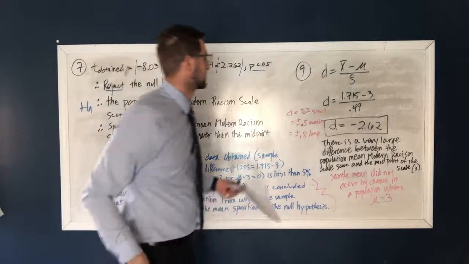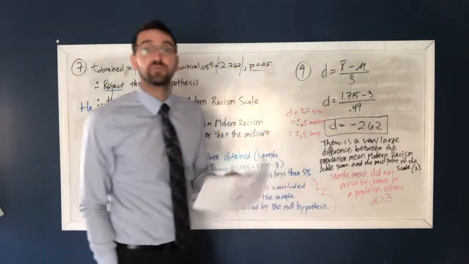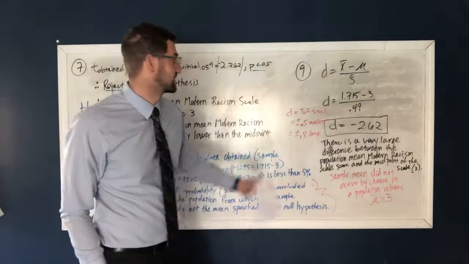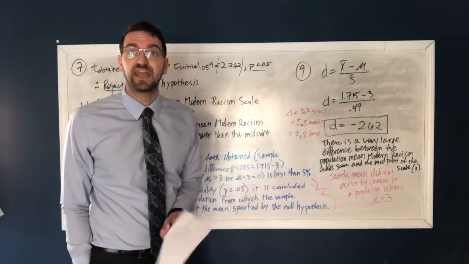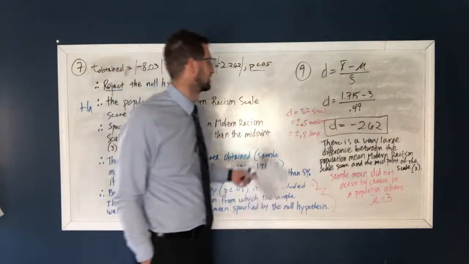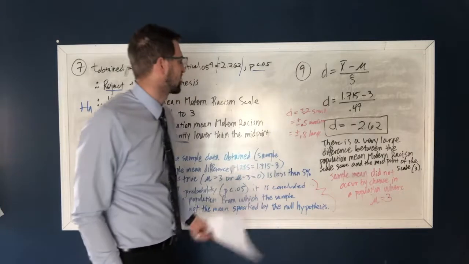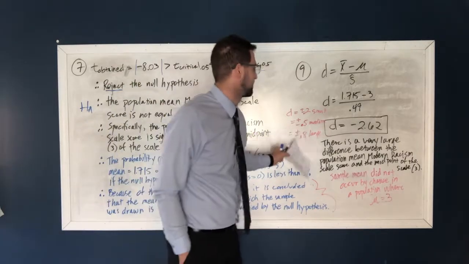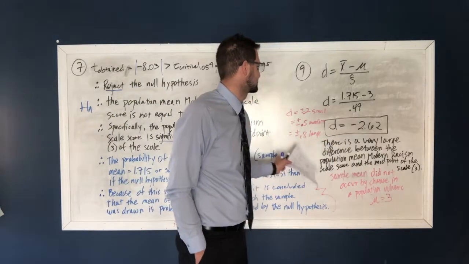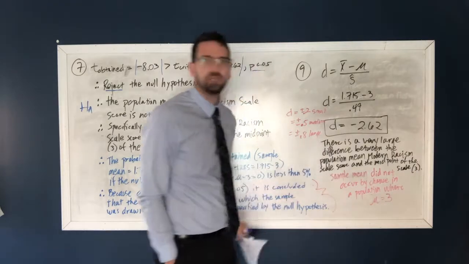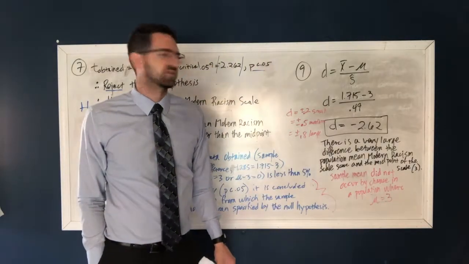Okay? So we got a D of negative 2.62, which is way beyond negative 0.8, so it's going to be very large. So there's a very large difference between the population mean modern racism scale score and the midpoint of the scale. Okay?